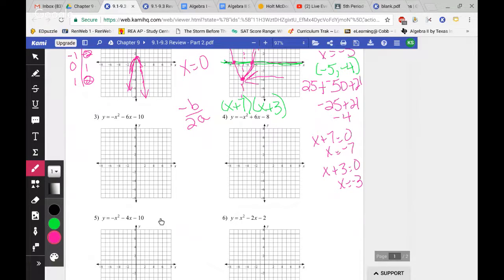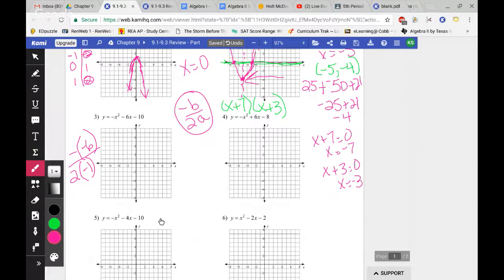Okay? All right, so the vertex, once again, we're using negative b over 2a. So the opposite of negative 6 over 2 times negative 1. Do you see where I got all those numbers?